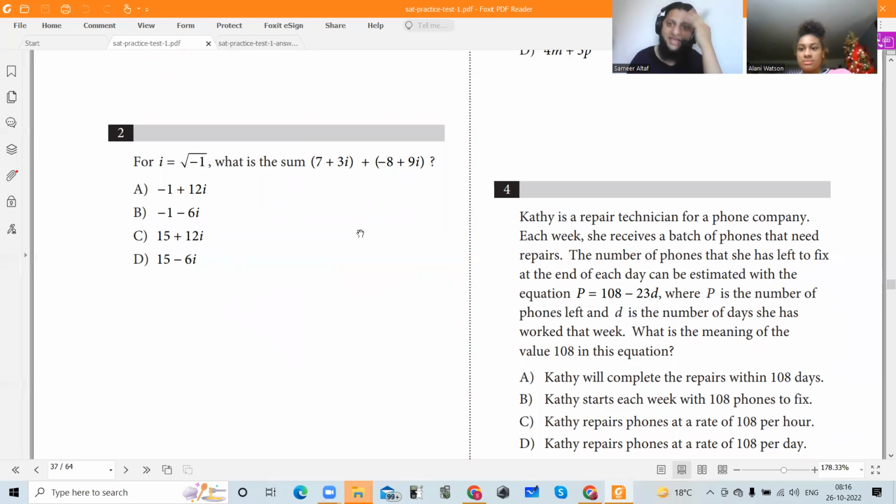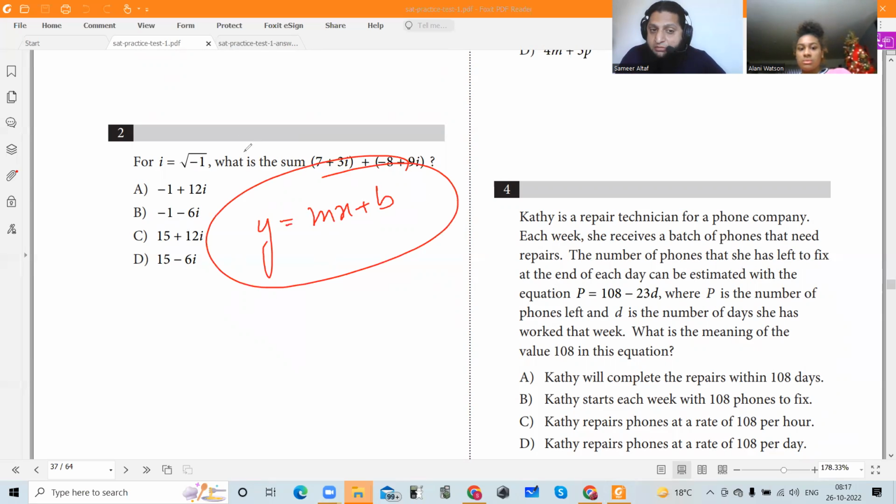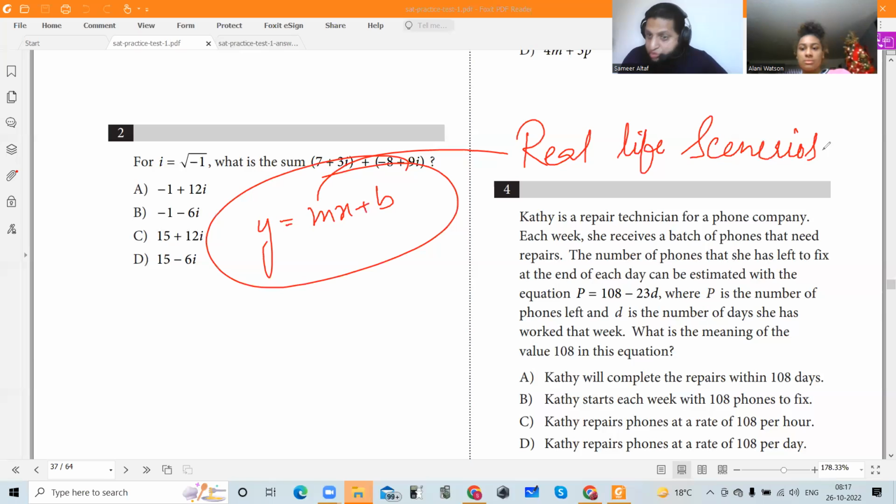I was saying that when we have this equation in y equals mx plus b form, we should be able to relate these equations to real life scenarios. Because the questions will not directly give you, hey, m is 10, b is 20, what is the equation?